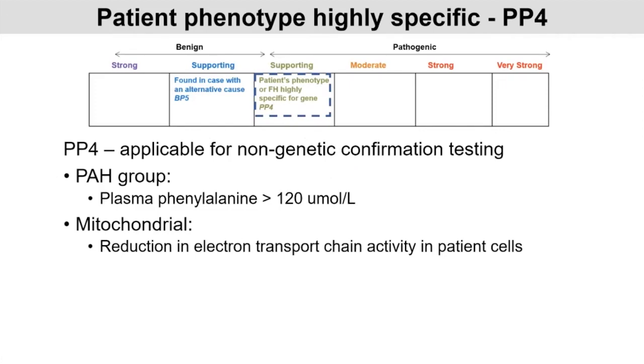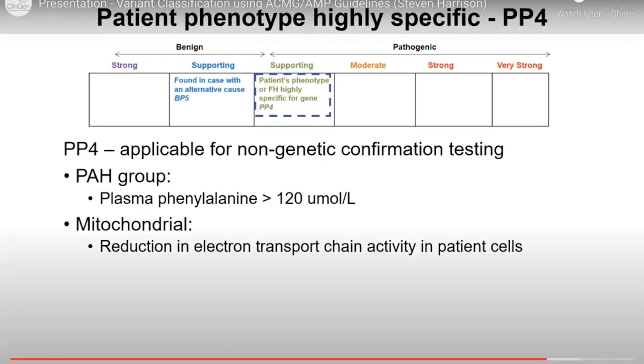So for example, for PAH, if this individual had gone through biochemistry testing and shown to have high phenylalanine levels, you could then apply PP4 for that observation, because even though it is a sort of a clinical test, it's non-genetic, so it's not variant specific, but rather is more confirming that this patient really does have this specific phenotype.